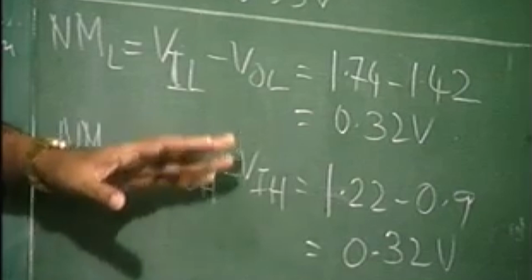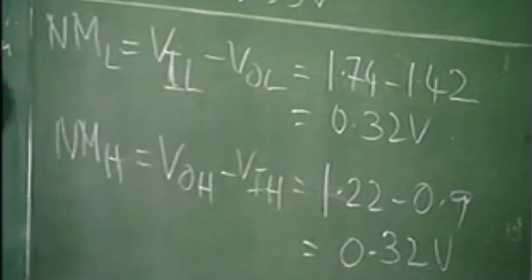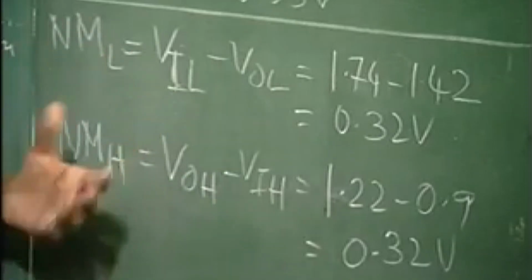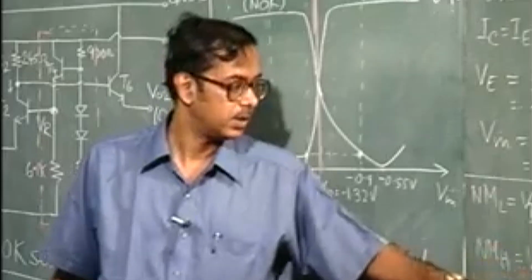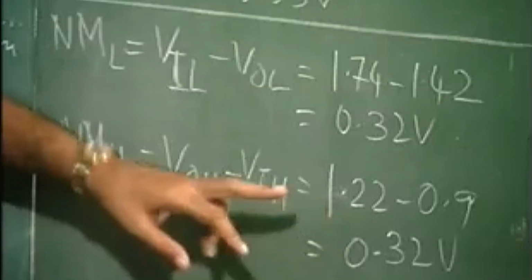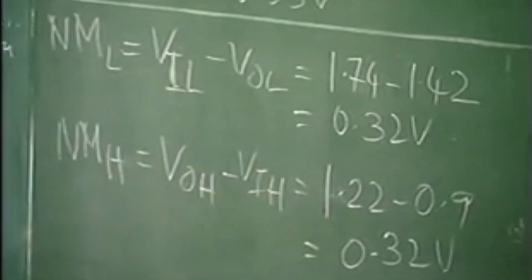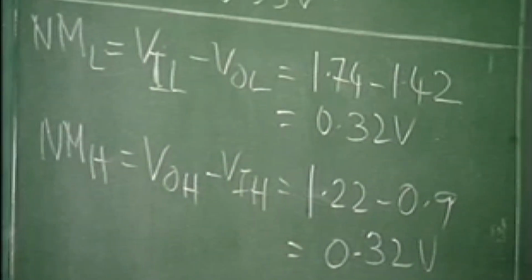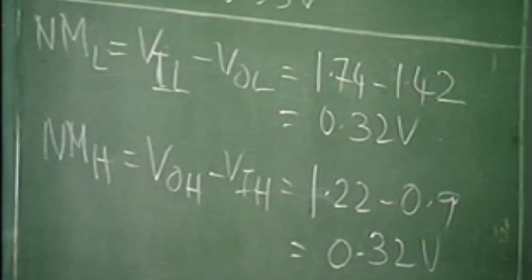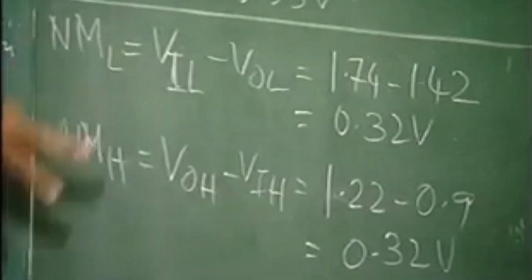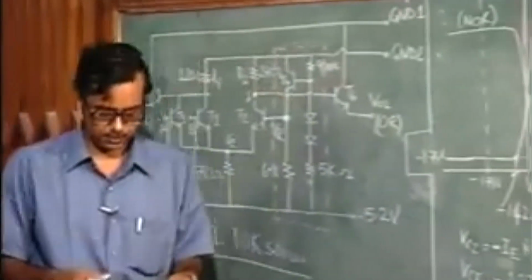That particular branch would start conducting if the input voltage is greater than VR by 100 millivolts. So, that is minus 1.22, and the logic high output is minus 0.9 volts. So, the noise margins are symmetric in this case, of 0.32 volts.